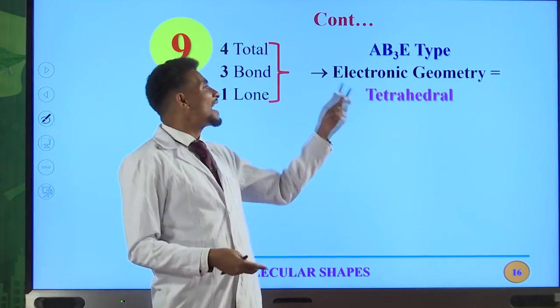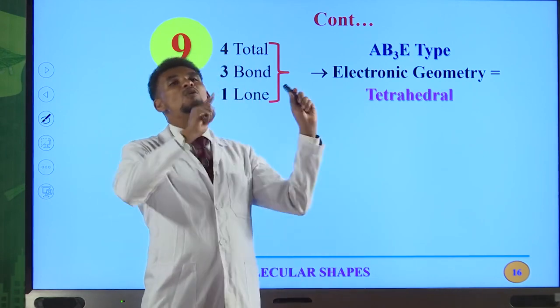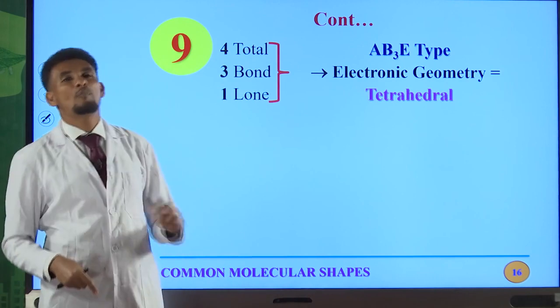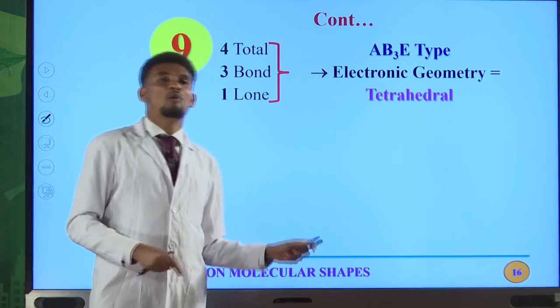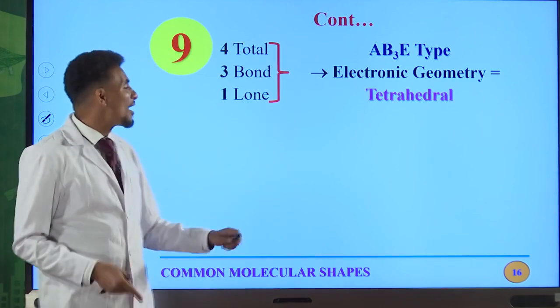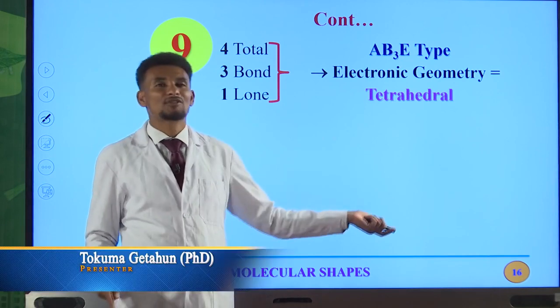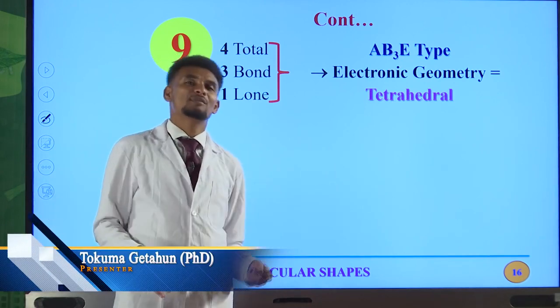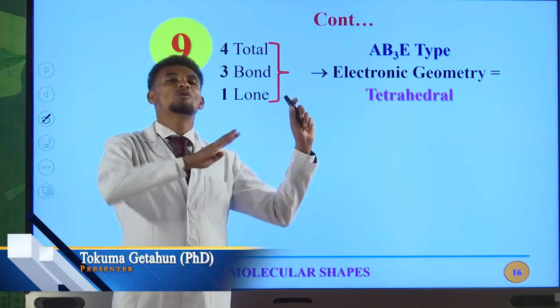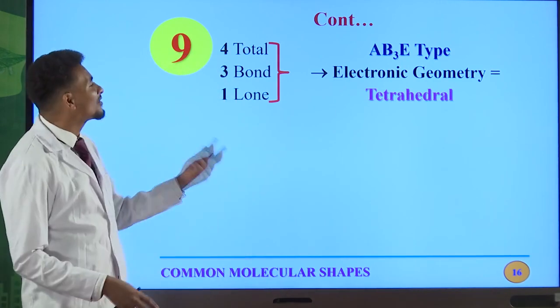Because in the case of electronic geometry, I told you many times to only look at the total electron pairs around the central atom, both bonding pairs and lone pairs of electrons. But in the case of molecular geometry, look at the atoms, ignore the lone pairs, and connect all the atoms. Then look at the shape, and you can easily identify the shape of that molecule.